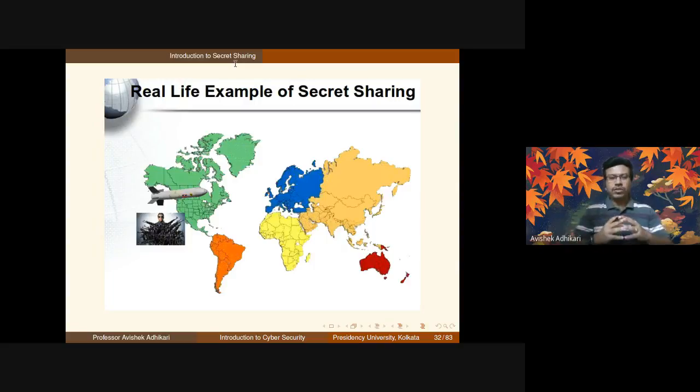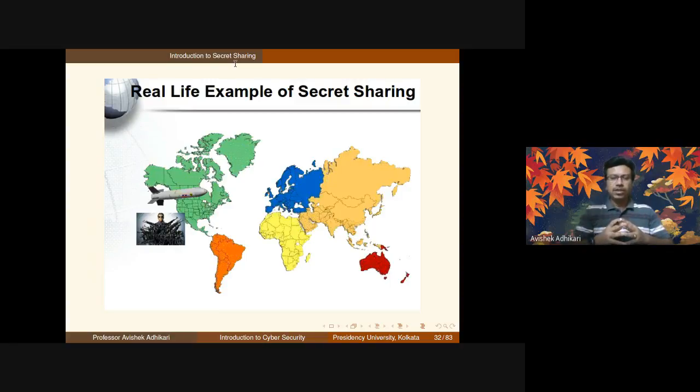Another possible application is the launching of missiles. For powerful missiles, they are guided by satellites, and the whole thing could be controlled by computers, mostly laptops or some powerful machines.